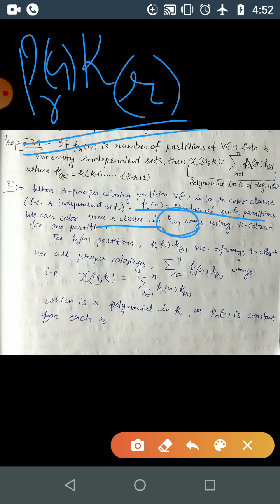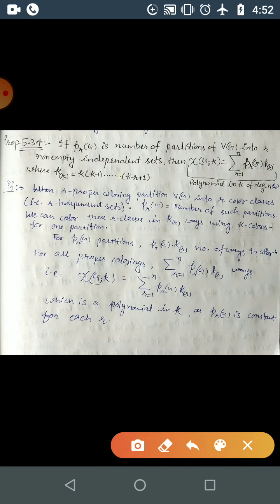And it can start with 1, that is 1 proper coloring, and 1 proper coloring will be only in case of complements of Kn, correct. Again here it was K^(R) ways, and for the total number of P_R partitions you will have P_R into K^(R) ways to color, correct. And for all proper colorings R is running from 1 to N.